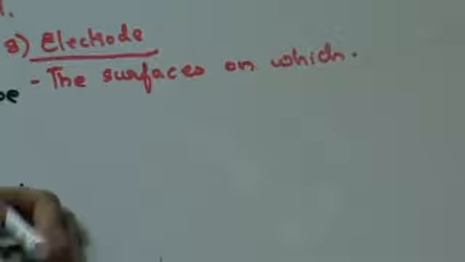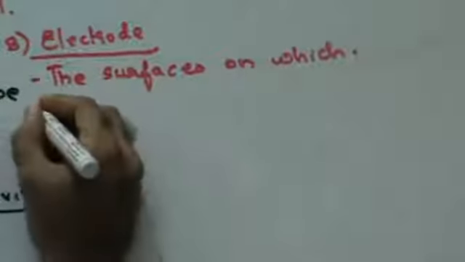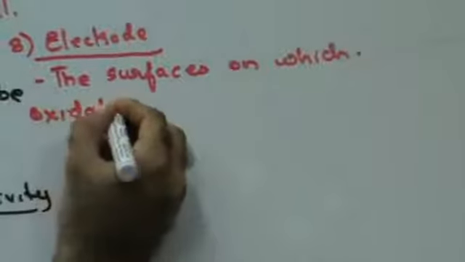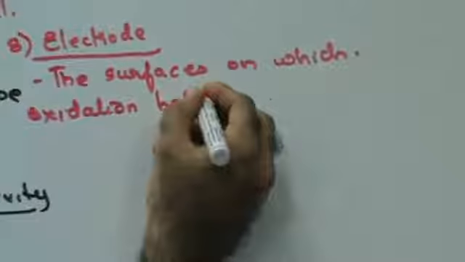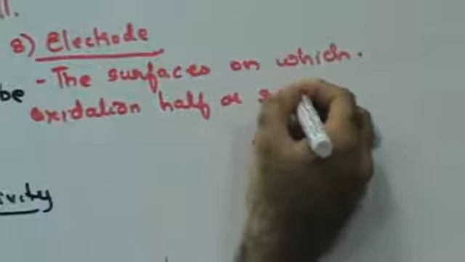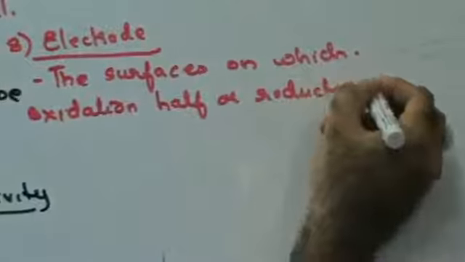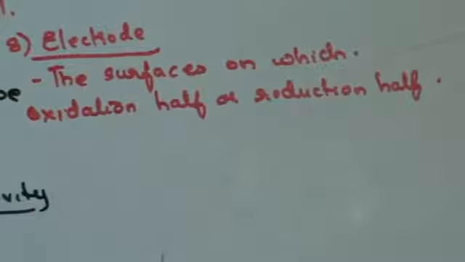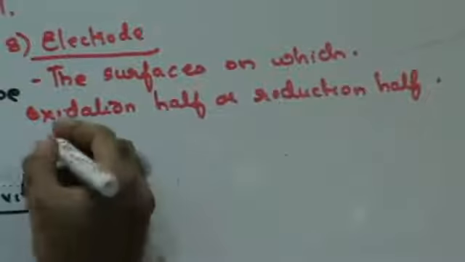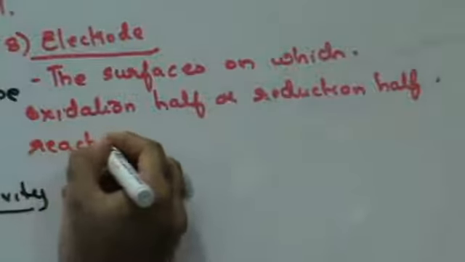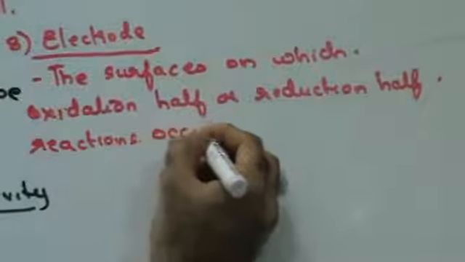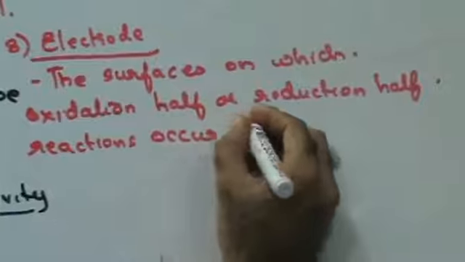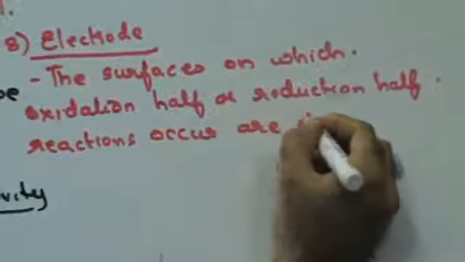So the surfaces on which the oxidation half or reduction half reactions occur are electrodes.